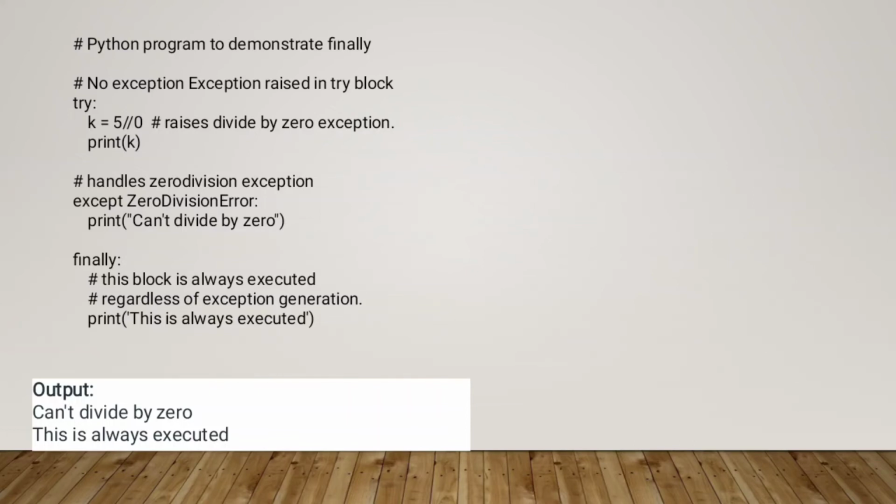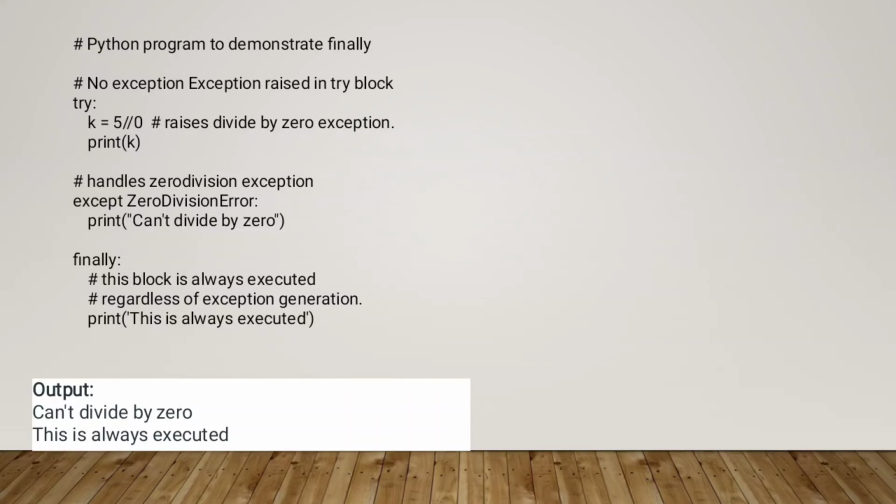Double slash is for int value, and this raises a divide by 0 exception. print(k). # Handles zero division exception. except ZeroDivisionError: print("Can't divide by 0").